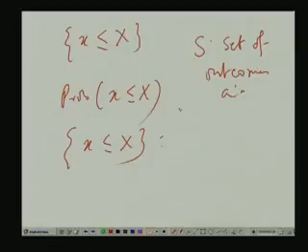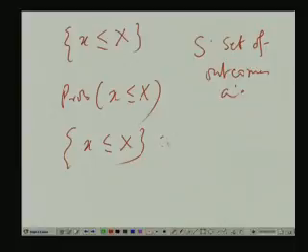Now, what is that event? As you know, the set consists of several outcomes. With each outcome, I have a value for random variable x. From all those outcomes, isolate only those for which the value that x takes is either equal to capital X or less than capital X, and collect them. That forms a subset of S, which means it is an event, because it is a subset consisting of some outcomes.